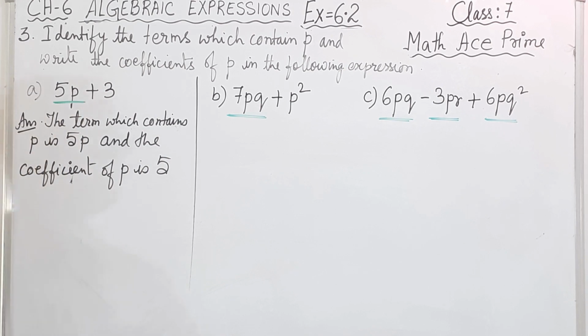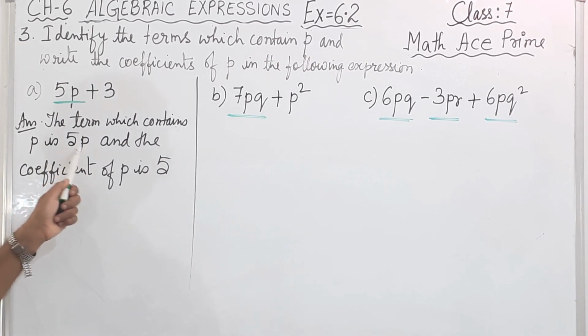Before p, what is there? 5, okay. So that means leave p, then what is there? That is only the coefficient. So 5p is the term which contains p, and what is the coefficient? It is 5.